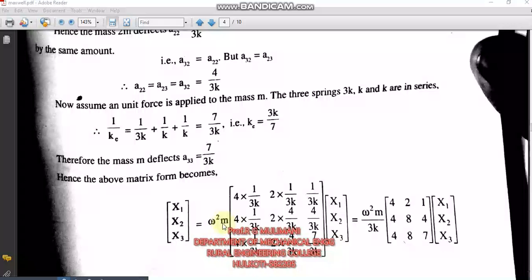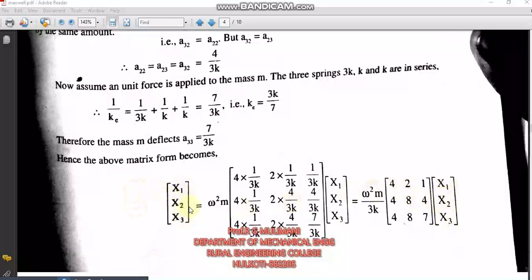So along with omega square m, you take 1 by 3k outside. Substituting all the influence coefficients and taking 1 by 3k outside, the matrix has only numbers now: 4 2 1, 4 8 4, 4 8 7. So x1, x2, x3 is equal to omega square m by 3k times this matrix times x1, x2, x3.